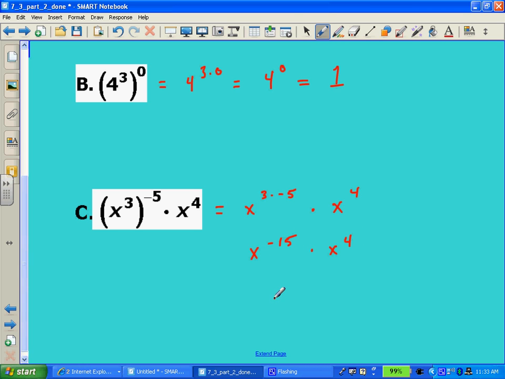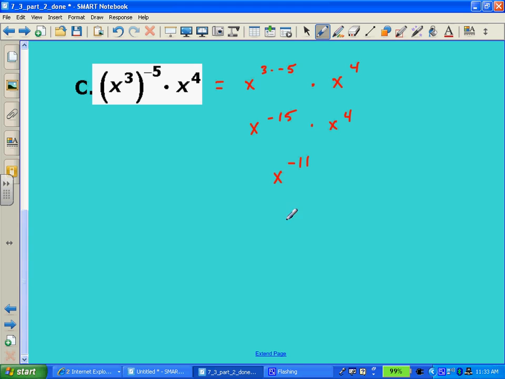Now the first property said that if I have the same base and I'm multiplying them, I add the powers. So this is going to be x to the negative 11th. Now I know that I can't have a negative exponent in a simplified expression, so this guy's going to have to go underneath 1. So this would be 1 over x to the 11th. And then it would be completely simplified.